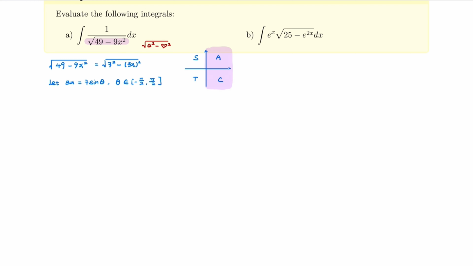Before that, I'm going to take the derivative first. So x is 7 over 3 sine theta, which means dx is 7 over 3 cosine theta d theta.